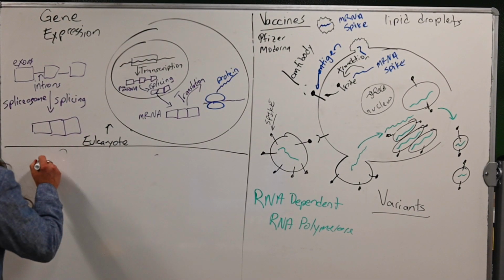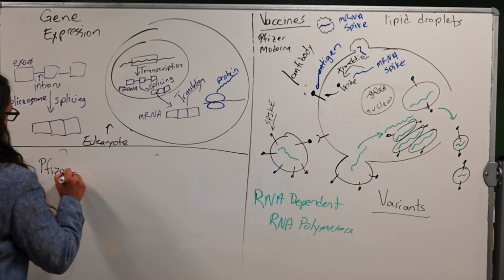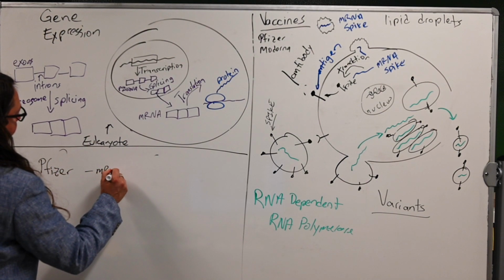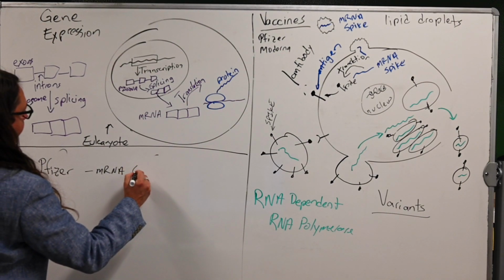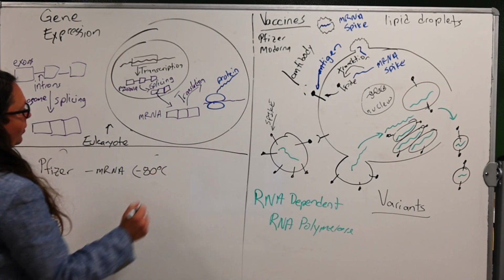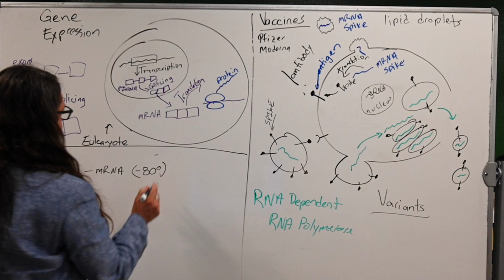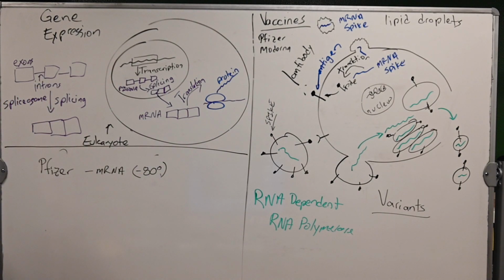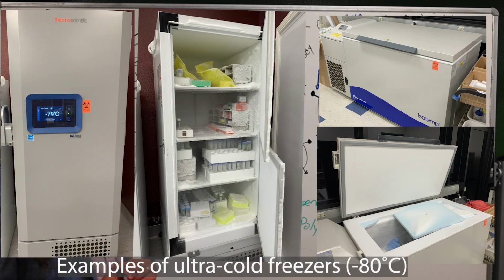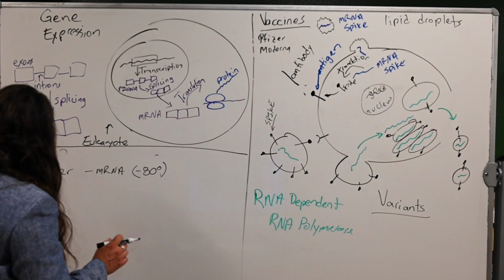So Pfizer is just plain old mRNA. And so it has to be stored at minus 80 degrees Celsius. This is really cold. If you think about it, I'll take a picture of one of our minus 80s that we have here in the building, so you can see what a super cold freezer looks like.